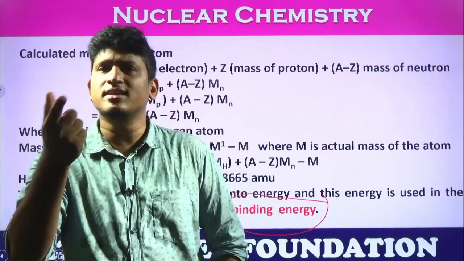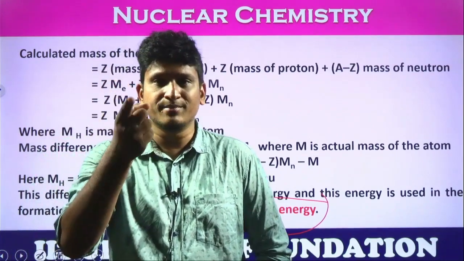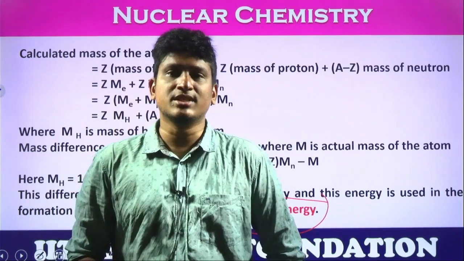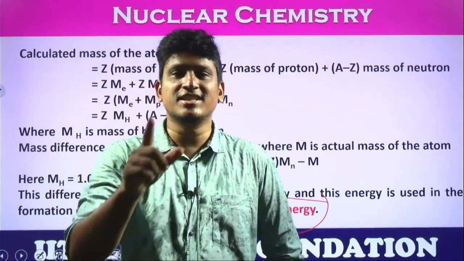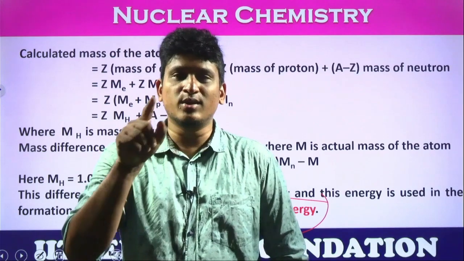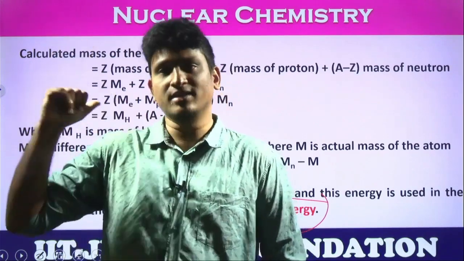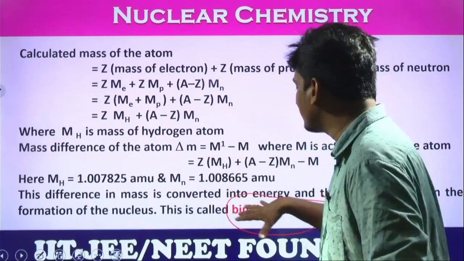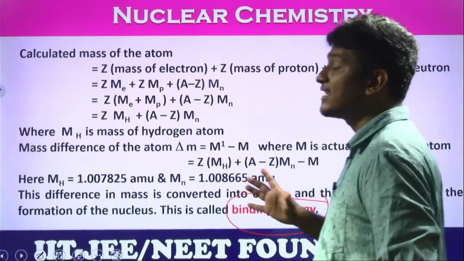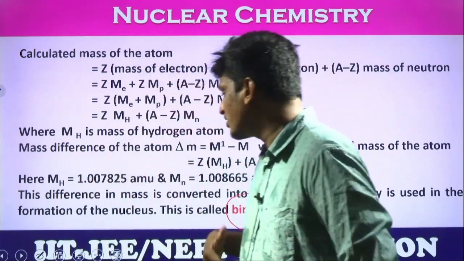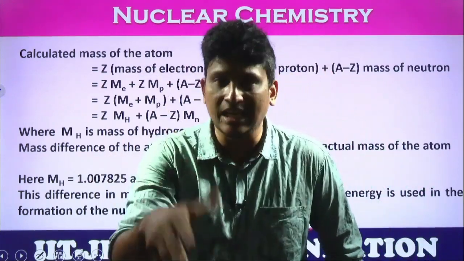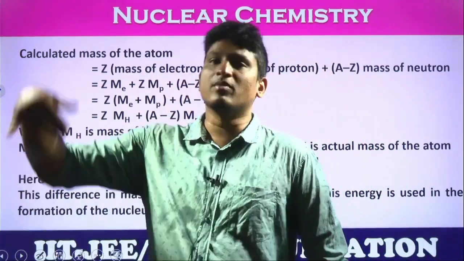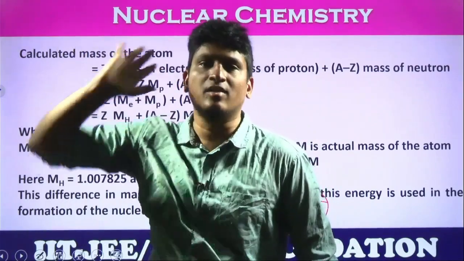Sir, how are mass and energy related? You should remember one famous relation given by Albert Einstein, the mass energy relation, yes or no? E equals mc square. We have that discussion also. So this difference in the mass is converted into energy, and this energy is utilized in the formation of that particular nucleus, like helium or helium isotopes, lithium or lithium isotopes, till 118 also.